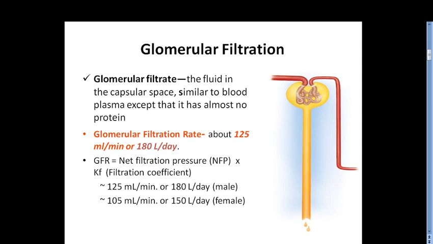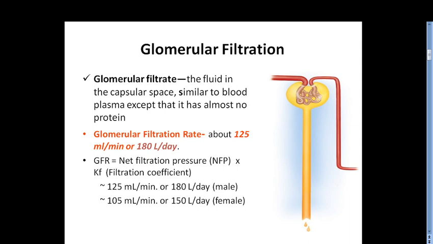So as we know that the glomerular filtration basically depends on the renal blood flow. So the glomerular filtration rate is about 125 ml per minute, or if we calculate over the period of day, it is 180 liter per day.